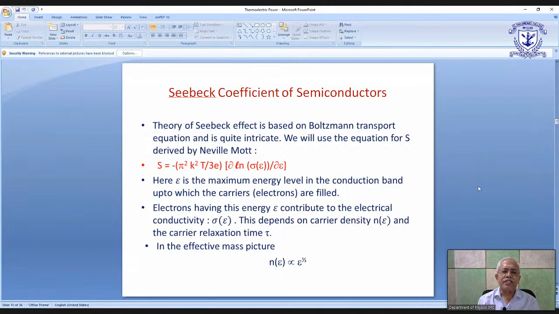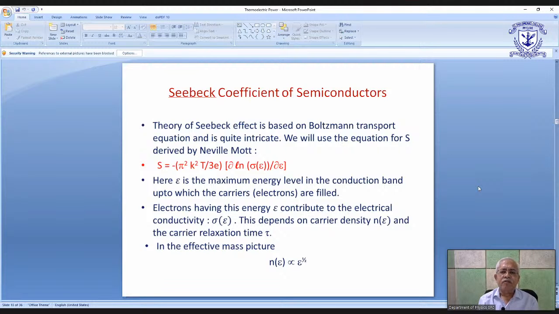In this formula, the symbol epsilon, which we came across yesterday also, is the maximum energy in the conduction band up to which the carriers or electrons are filled. This will become a little clearer in one of the next slides.